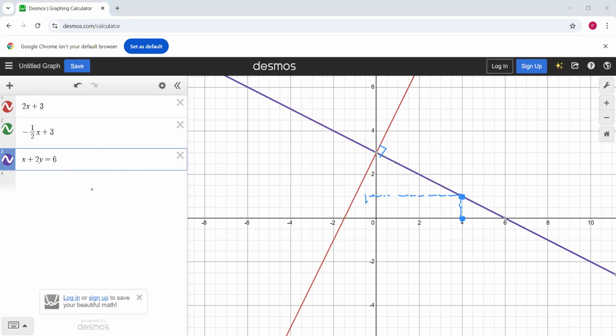Slope intercept form or standard form, whichever you're comfortable with. If I delete this, you can see it turns back to green. If I write it back, x plus 2y equals 6. All right, let me clear all this.